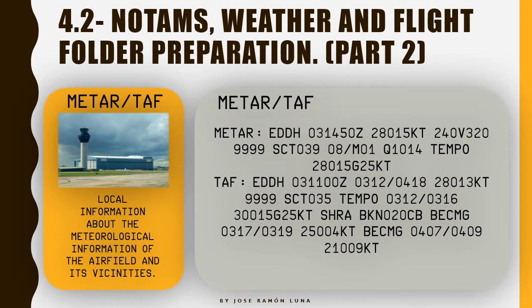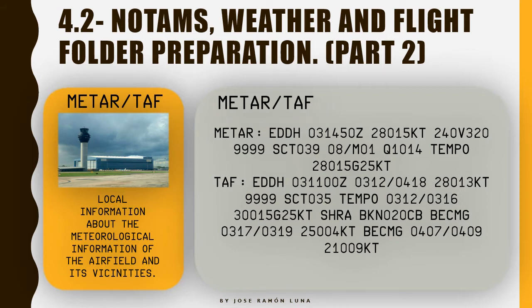This document, just like with the NOTAMS, is not mine. I didn't publish it. It's just a public guideline that everyone can download online or search in an aviation library, and it's basically the international guide to decode meteorological information.